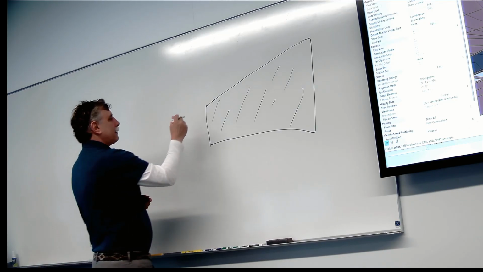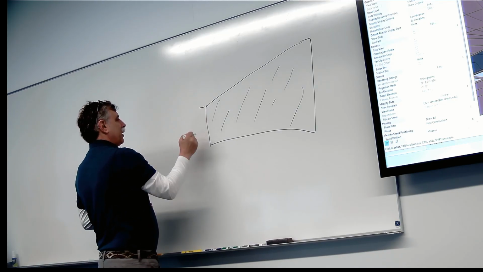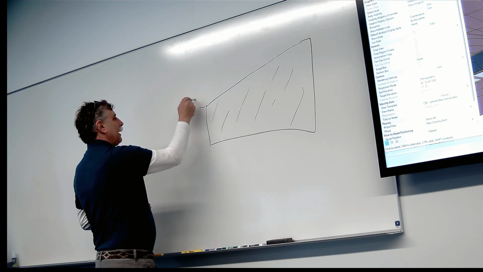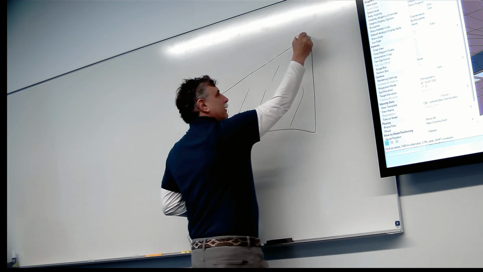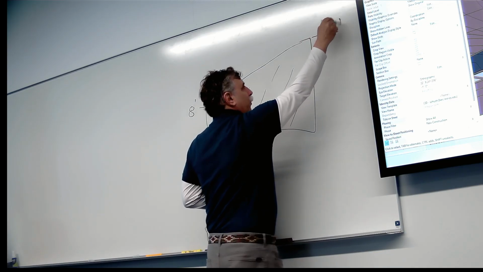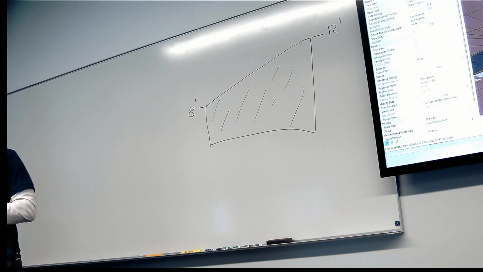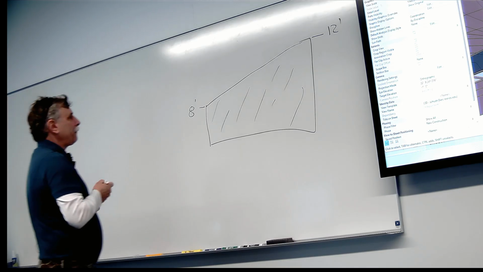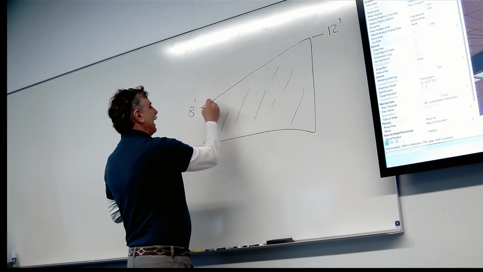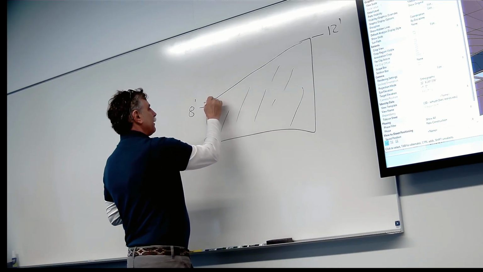And let's say this is at an elevation of 8 feet, and this is at an elevation of 12 feet. Well, if I'm going to put a building on it, my building has to be on a flat surface. So I'm going to make a flat surface, and I'm going to make it like this.